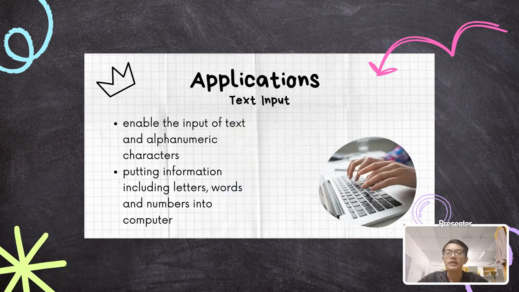Moving on to the applications of keyboards. An important function of a computer keyboard is to enter any type of digital information into the computer. For example, input. One of the primary purposes of keyboards is to enable the input of text and alphanumeric characters. Keyboards are used for putting information, including letters, words, and numbers, into your computer.